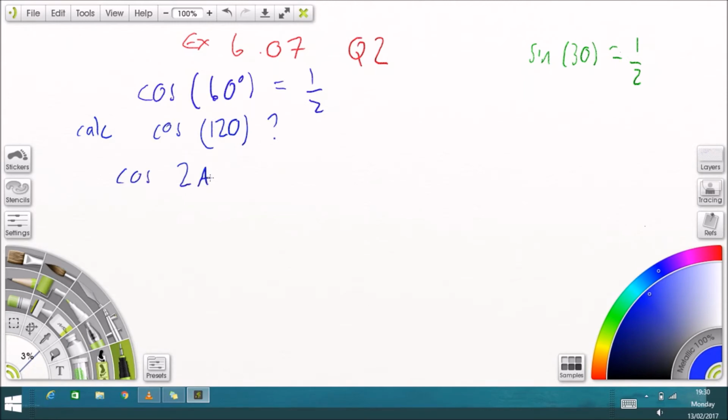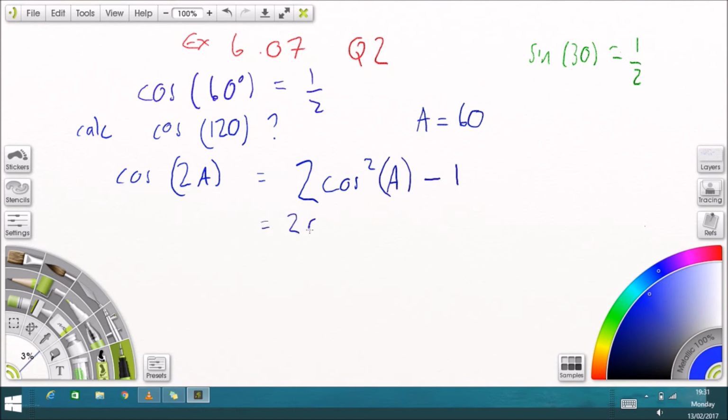If I know that cosine of 60 degrees is equal to a half, then I can use the cosine double angle formula, this version here. When A is 60 degrees, then I'm working out cosine of 2A, so that's 120 degrees, which is equal to 2 lots of cosine of A squared minus 1.